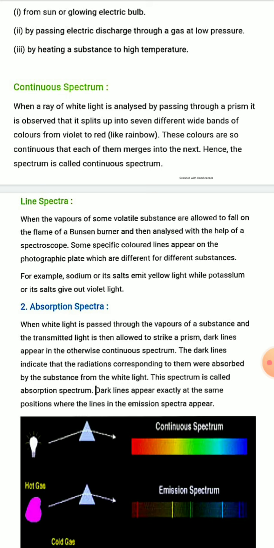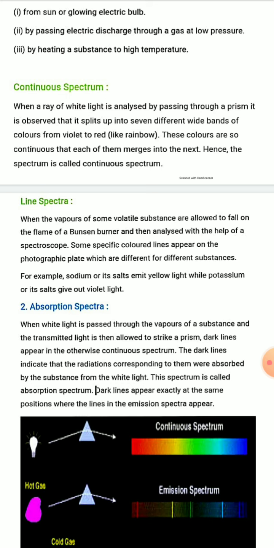This is the continuous spectrum, and these seven colors are so continuous that each of them merges into the next. That is, there is no gap between two colors. Hence, the spectrum is called continuous spectrum.